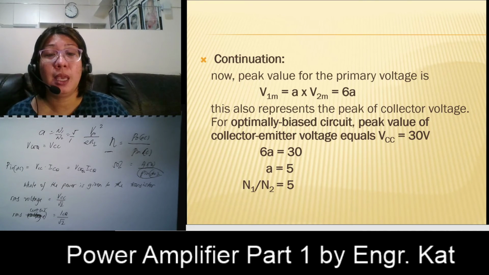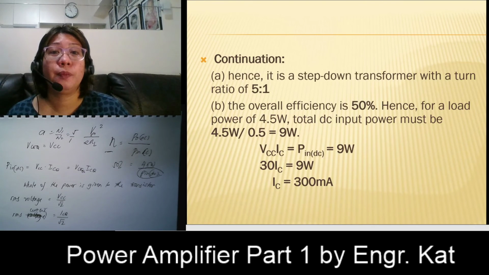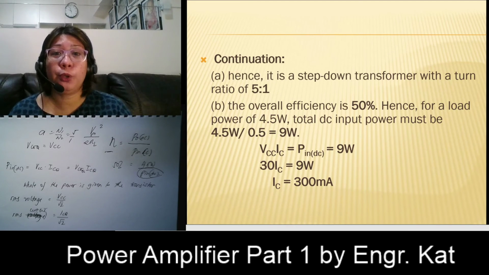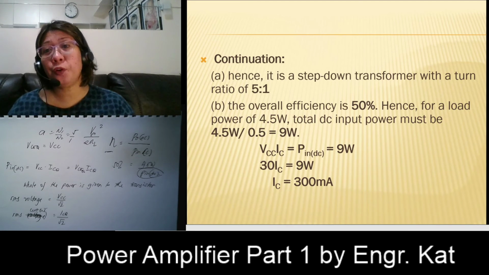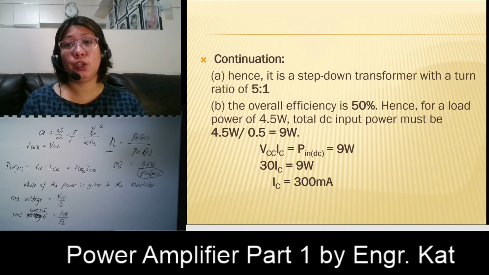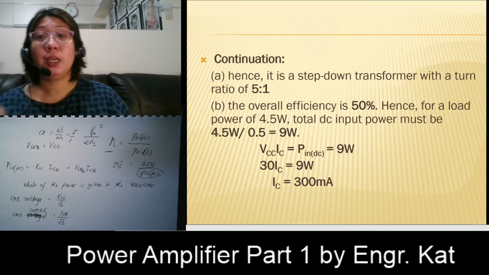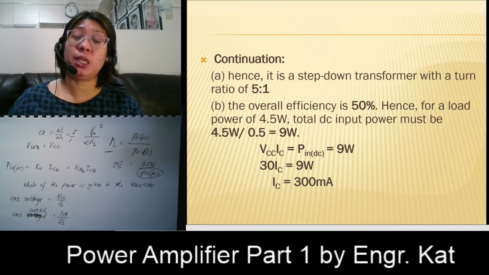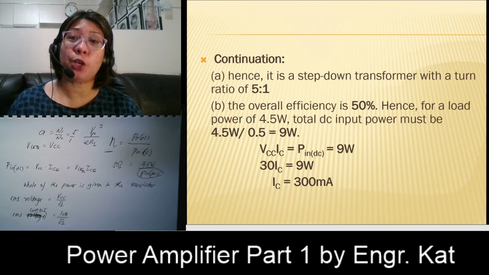So what is a? a is equal to 5. Again, that is a step-down transformer with turns ratio of 5 is to 1. So the 30 volts was stepped down to 6 volts at the secondary.